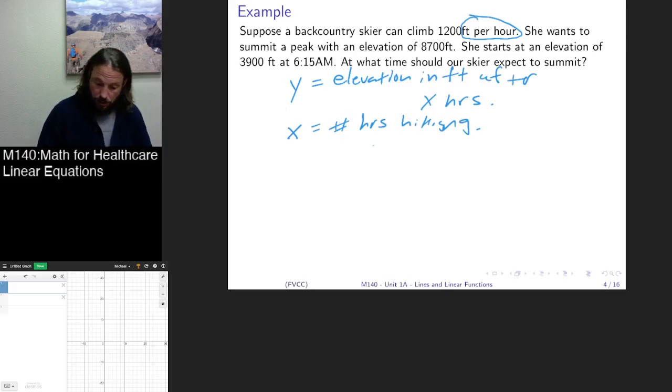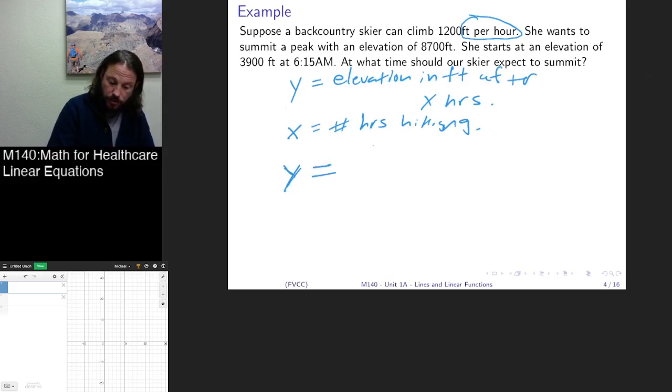Now notice what our linear equation is to represent this linear relationship. The elevation after x hours climbing is, and the equal sign is always "is", well, let's see, we're starting at 3,900 feet. Plus, this 1,200 feet per hour, you may recall, is called the slope of a line.